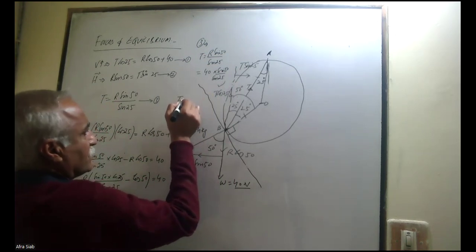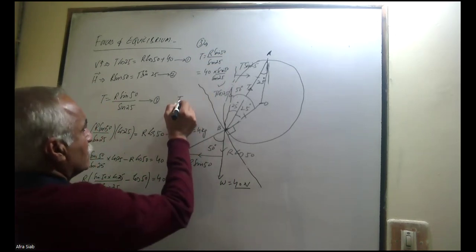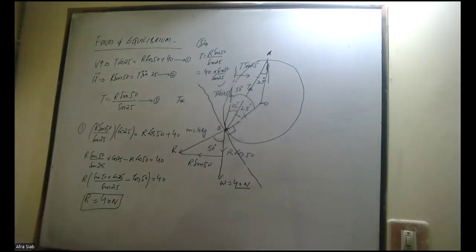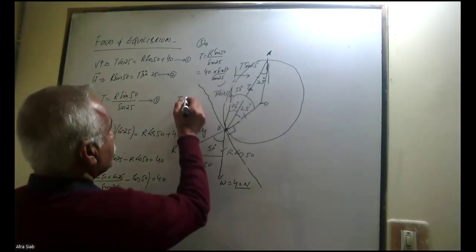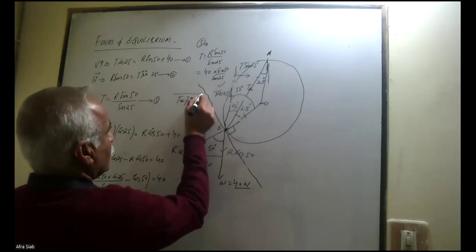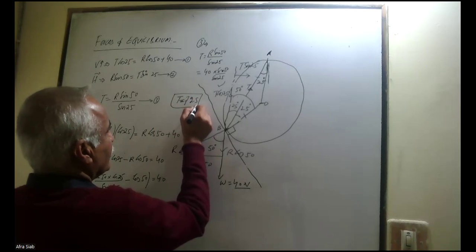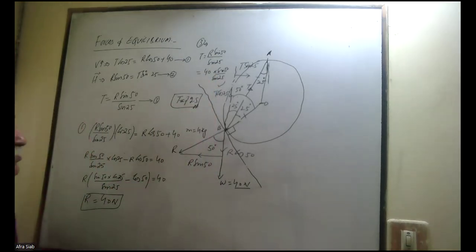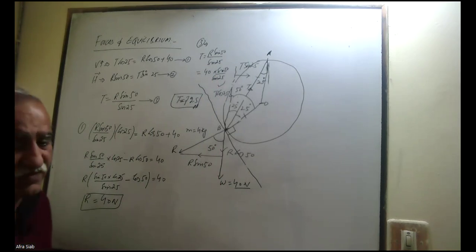So the T value is equal to 72.5. So this is the value of tension and this is the value of R. These are the values which are calculated from this example of this circular part with the equilibrium of the forces.